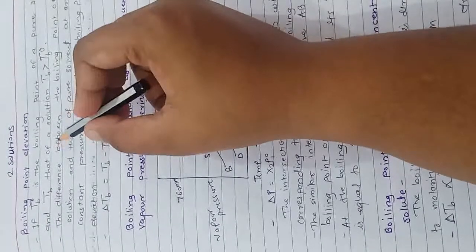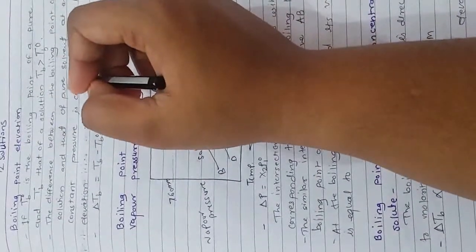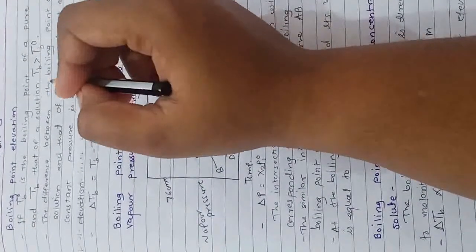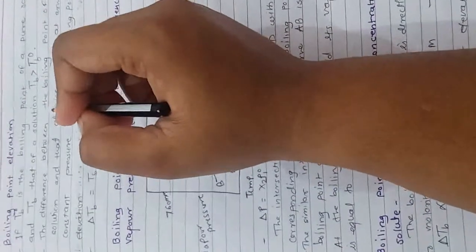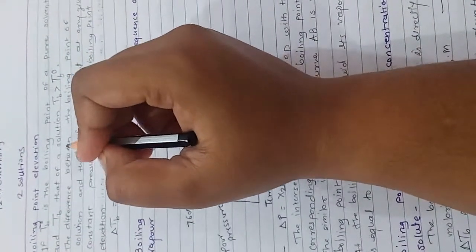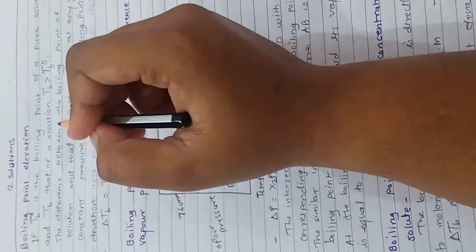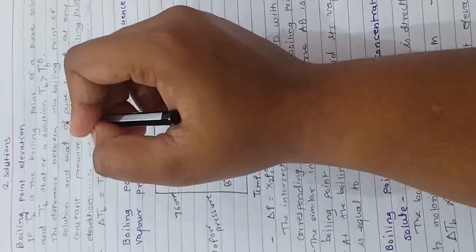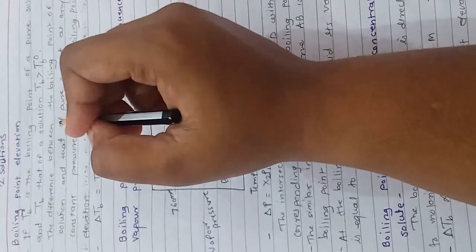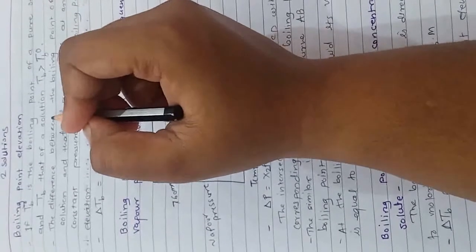The boiling point of a liquid is the temperature at which its vapor pressure equals the applied pressure. For a liquid in an open container, the applied pressure is atmospheric pressure. It has been found that the boiling point of a solvent is elevated by dissolving a non-volatile solute into it.